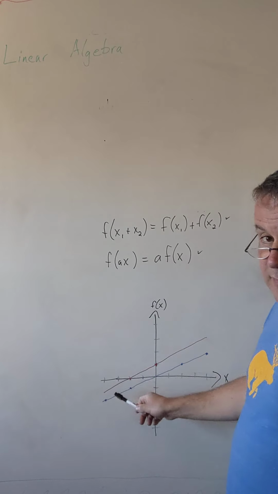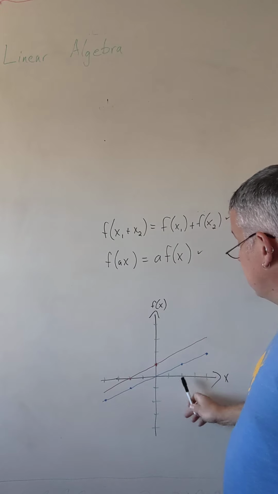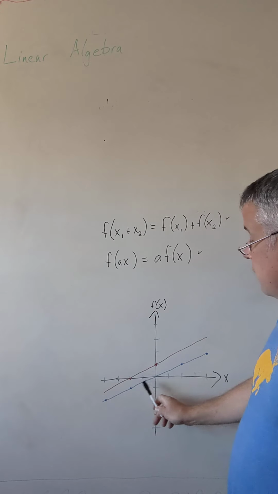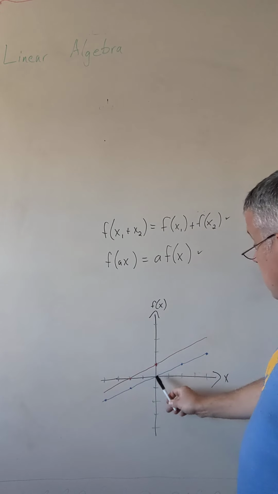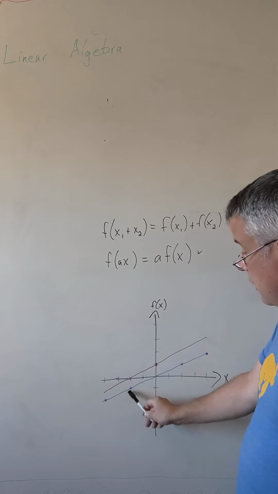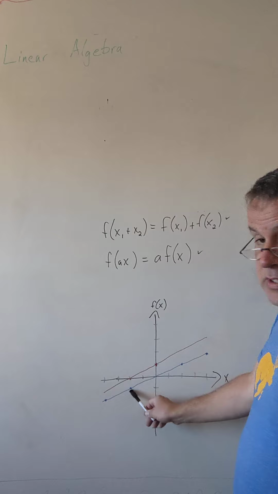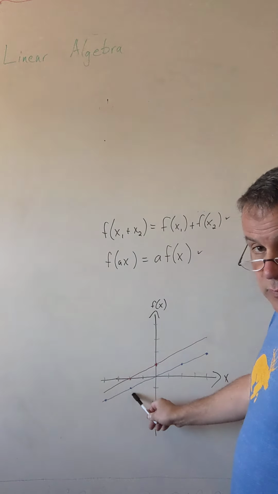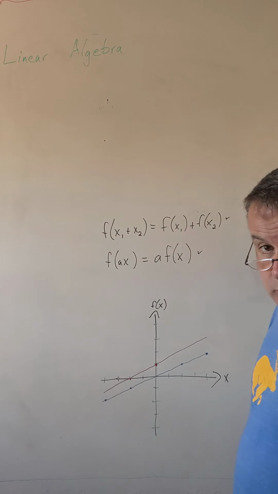I could use a minus number for a. If I, instead of using x equals 2, use minus 1 times it, the function for positive 2 is minus 1 times the function at negative 2, which is minus 1.